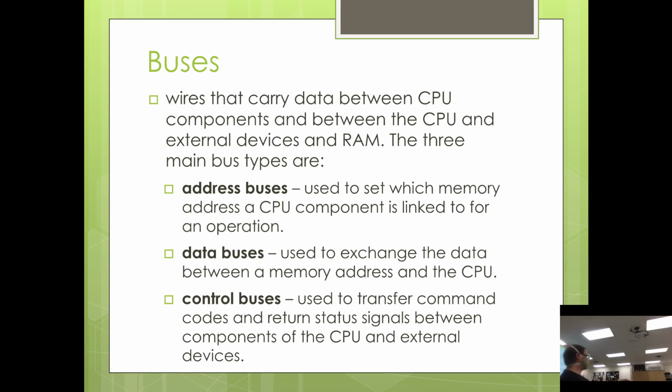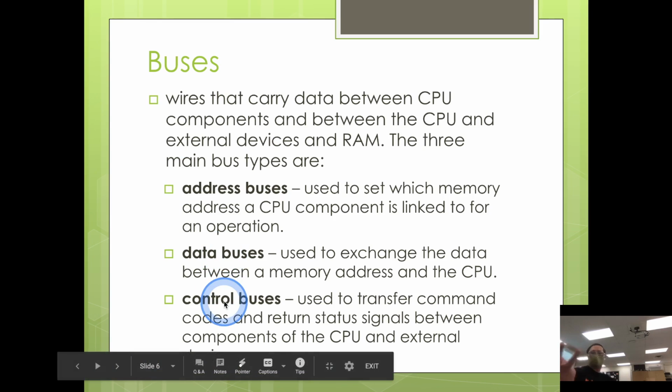Or, hey, network device, you just told me we got a new packet. I better go read the new packet because it's time to update the web page, right? So that's more control bus stuff. These 3 things together, we can think of as the system bus. So these are the 3 subcategories. I think this is a good way to think about it.